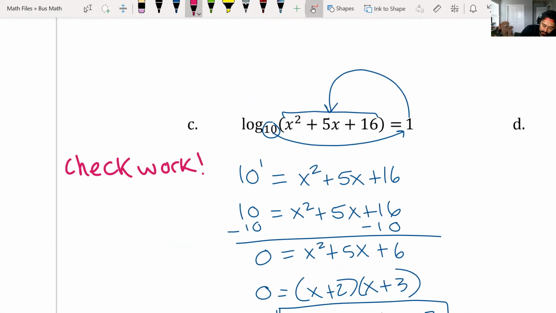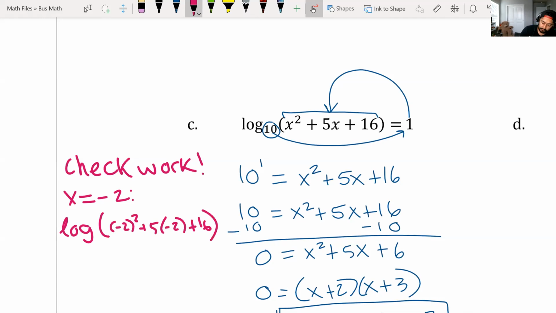And we'll start when x equals -2. And all I have to do is say the log of -2 squared plus 5 times -2 plus 16. Clean that up.